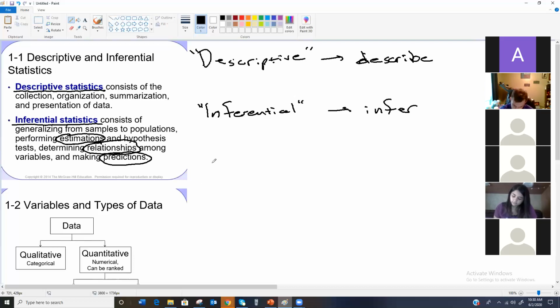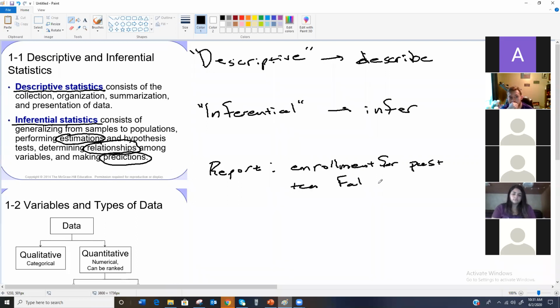So if I just report the enrollment for the past 10 fall semesters at Lone Star, if I just report that the enrollment in fall of 2010 was this, the enrollment for the fall of 2011 was this, and I stop short of that.